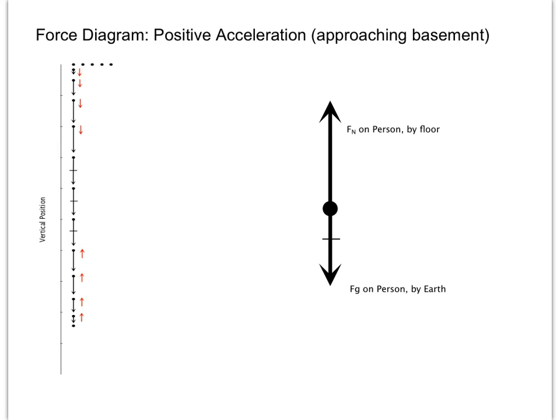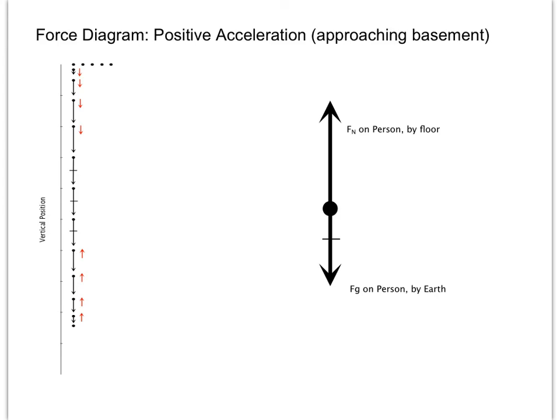And then finally, we see here that when the elevator is stopping, going from top to bottom, the acceleration points upwards, right? Our velocity arrows go from longer to shorter to a dot. In order for that to happen, our acceleration would have to point upwards.